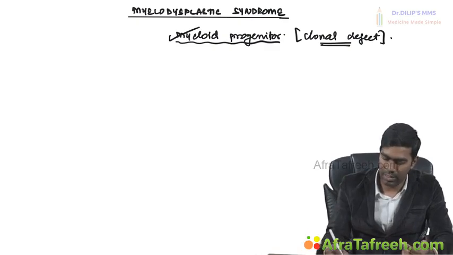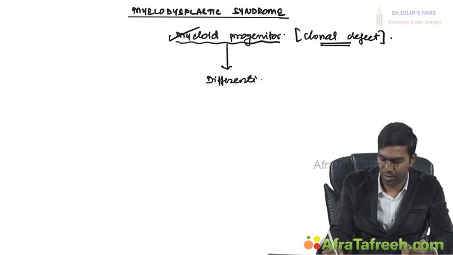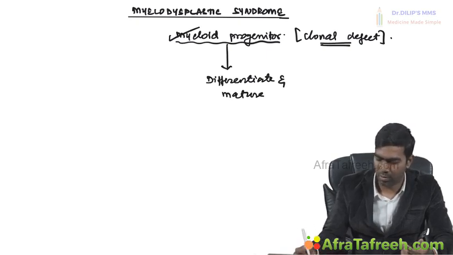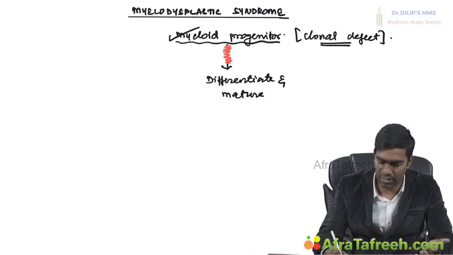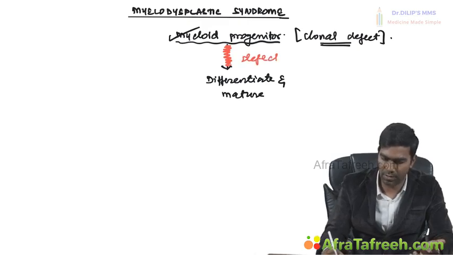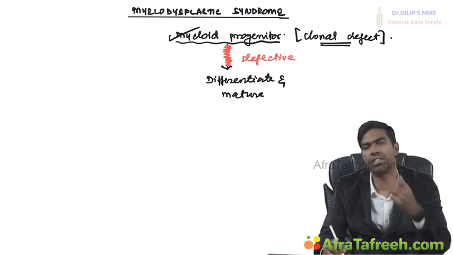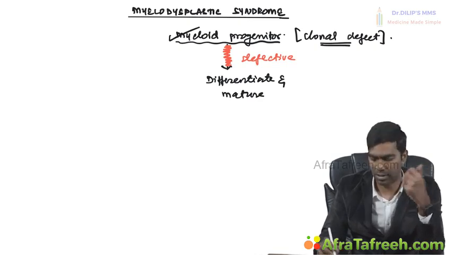These cells have to differentiate and mature further. Suppose there is a defective differentiation and maturation of these cells.